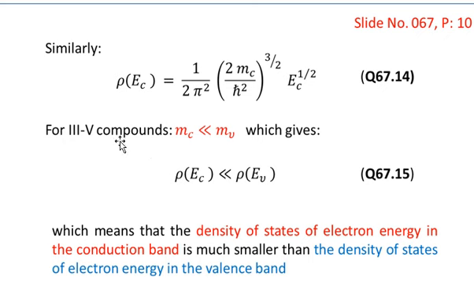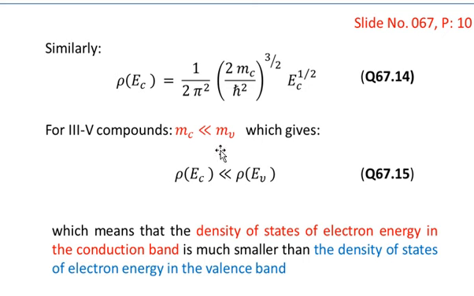For III-V group compounds, MC is much less than MV. You see that we have declared that MC is the effective mass of the electron at the bottom of the conduction band, and MV is the effective mass of the electron at the top of the valence band. We have found that MC is much less than MV.